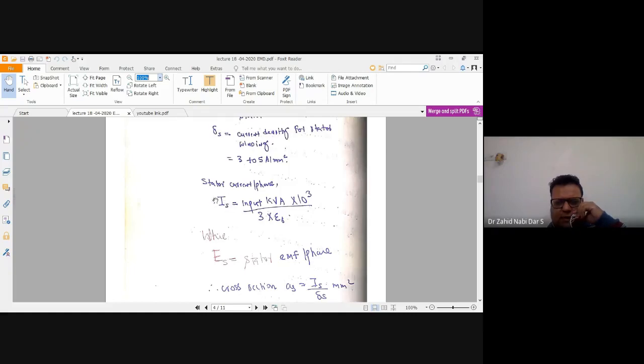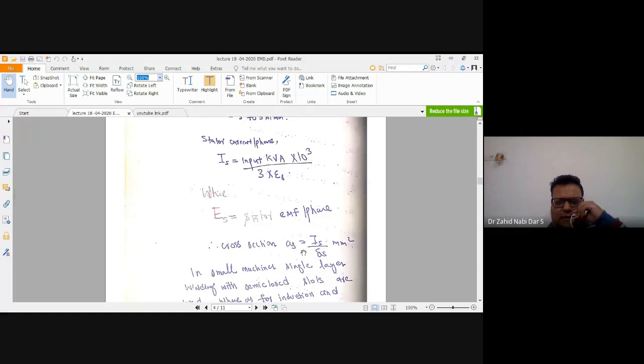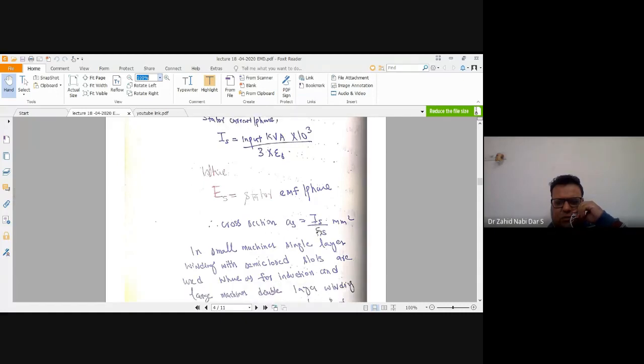So your stator current per phase would be input kVA into 10 power 3 divided by 3 into E phase, where Es is the stator EMF per phase. So the cross sectional area As will be given as current divided by current density in ampere per millimeter square.